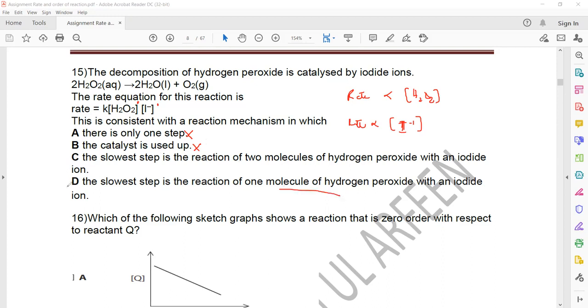We don't have to look at the reaction equation. We have to check the rate equation, which is always for the slowest step, and check the order of the substances present in the rate equation, and with reference to that we can work out the correct answer. Is it clear? Yes, sir.